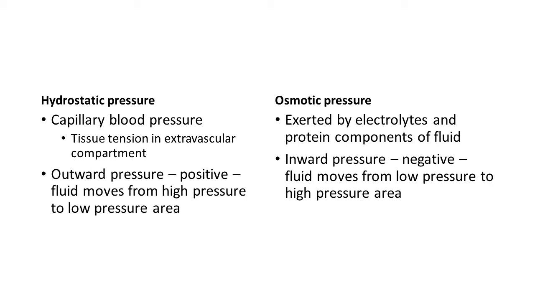And we also saw this hydrostatic and osmotic pressure act opposite to each other. This balance between opposing forces is the one which maintains the normal fluid exchange. How? We will see that in detail.